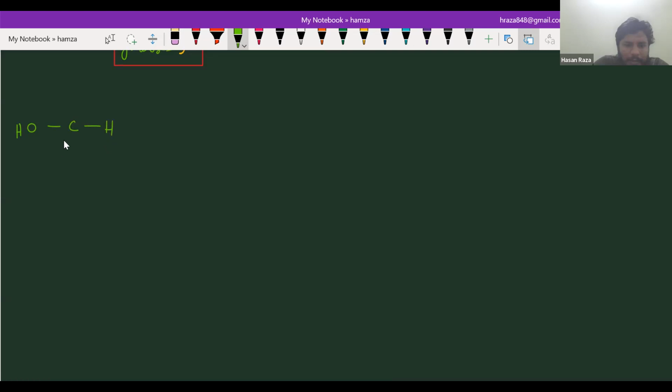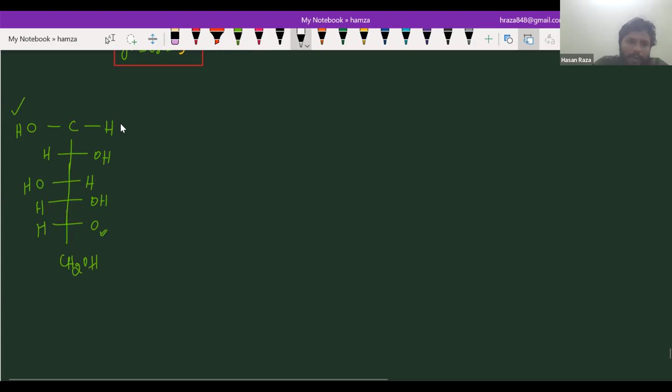C, H, and then OH, and then H, then OH, then H, OH, H, and this is CH2OH. Its H is here, you can see, and this will be connected like this. So you can count 1, 2, 3, 4, 5, 6. Please write the cyclic structure.